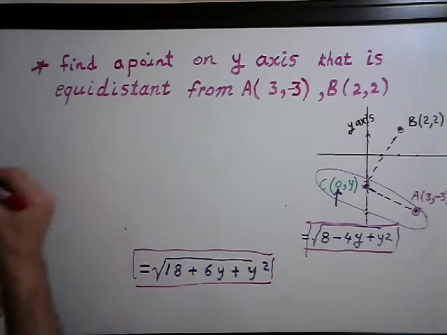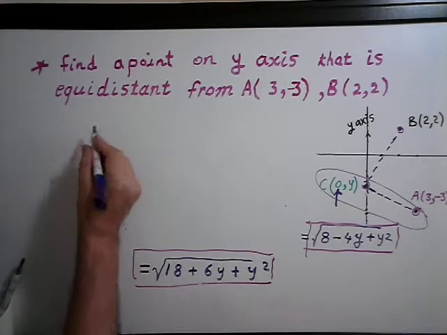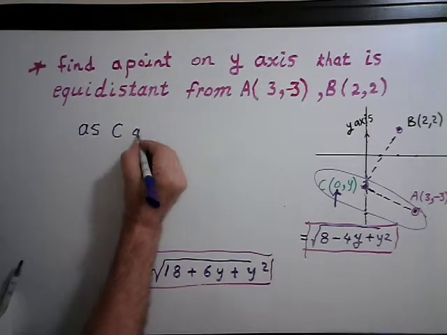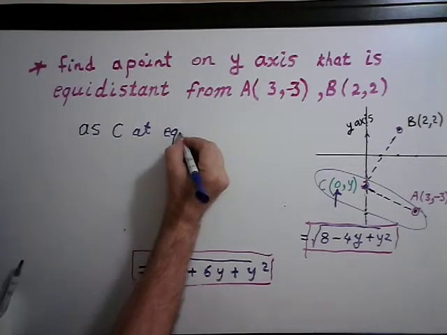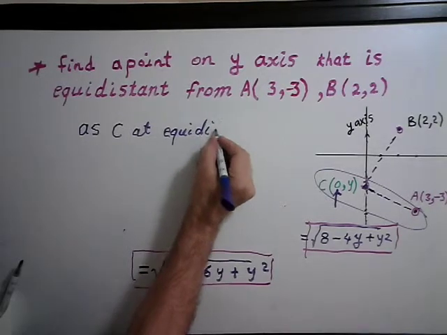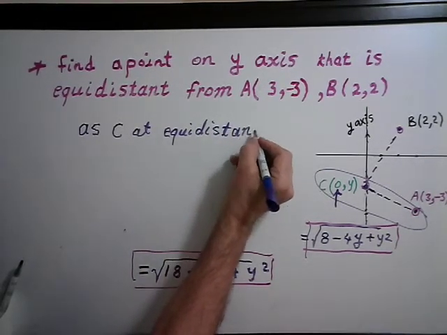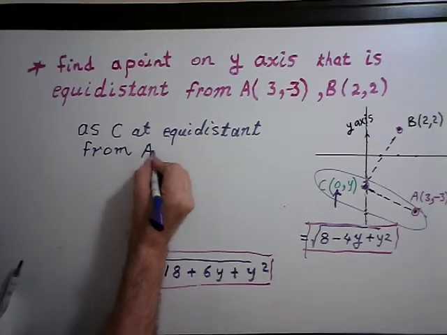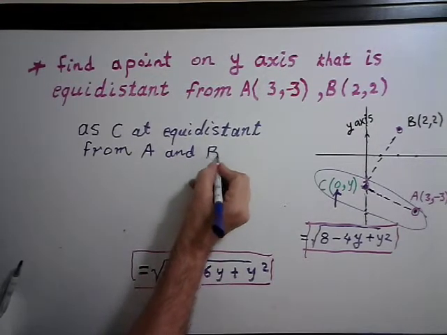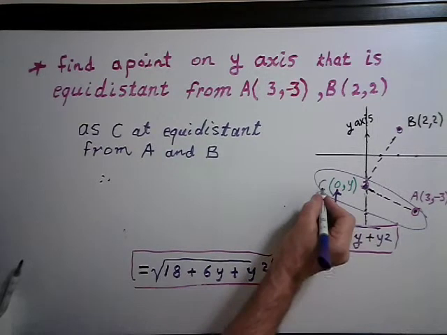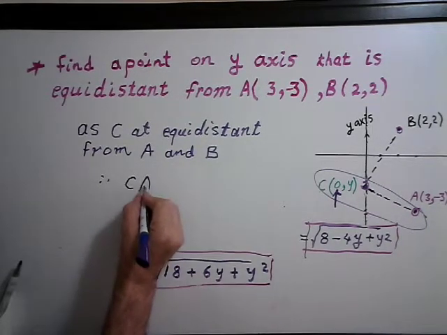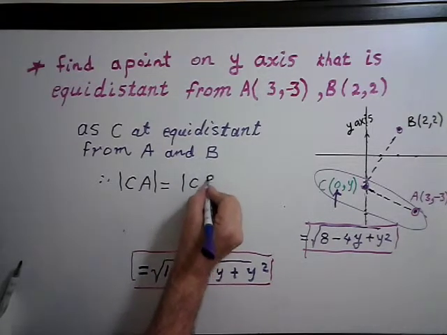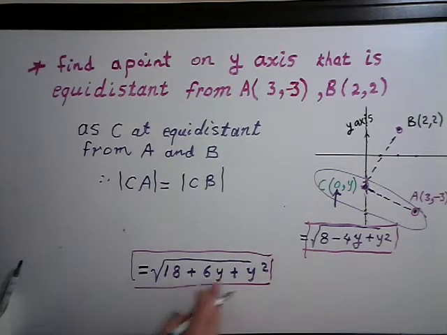We said point C is equidistant from A and B, that means AC or CA is equal to CB.